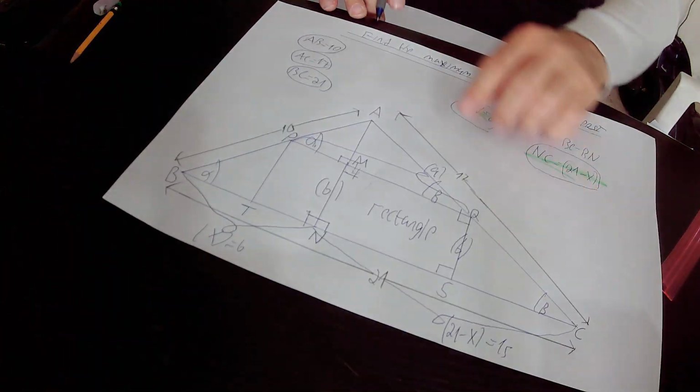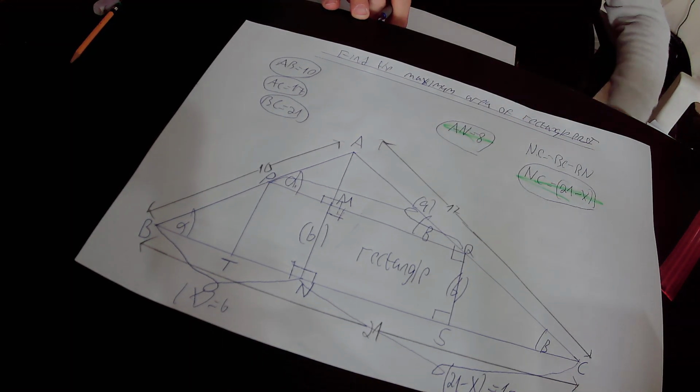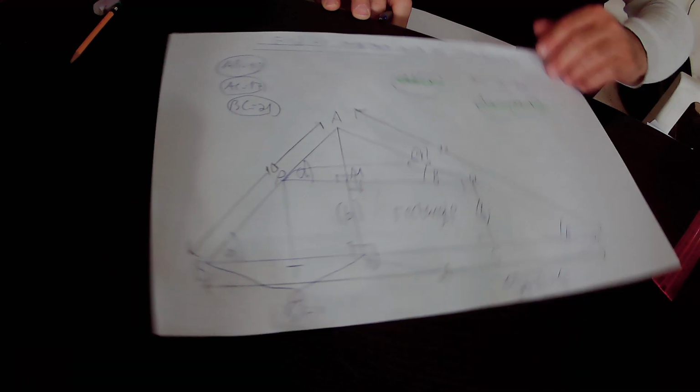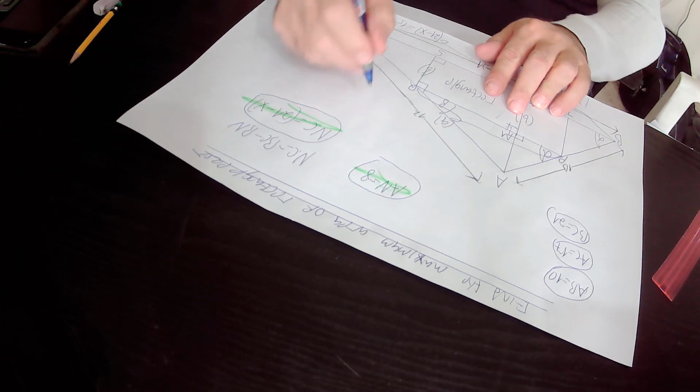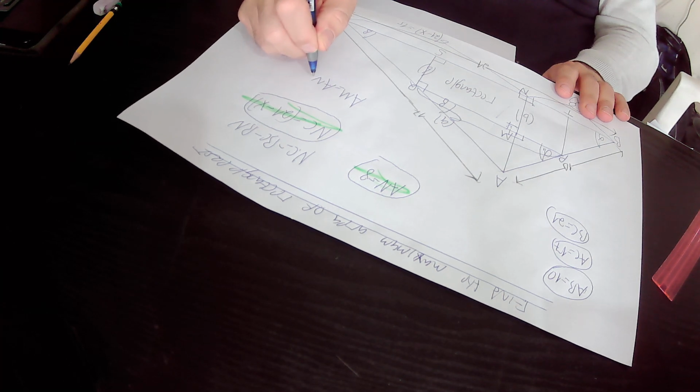So what is the length of side AM? From the drawing it is very easy to see that AM equals AN minus MN. So write it down: AM equals AN minus MN.